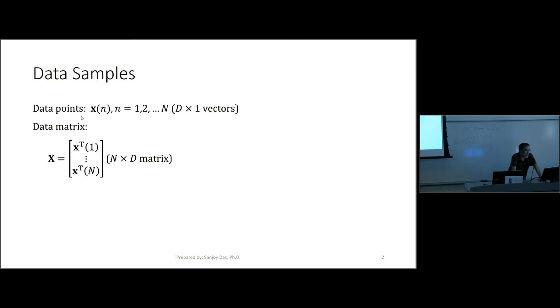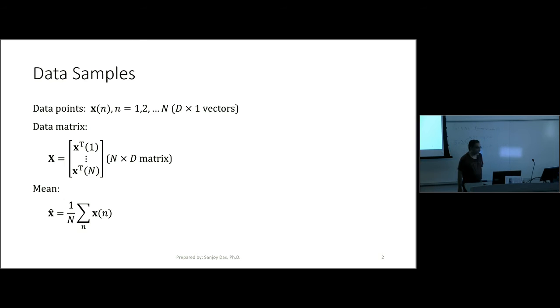What I do is each data point is a column vector of D dimensions. I transpose that so that I get a row vector, and I take all the sample points together like this. This becomes my N by D matrix. This is the data matrix. The rows of the data matrix are the sample points.